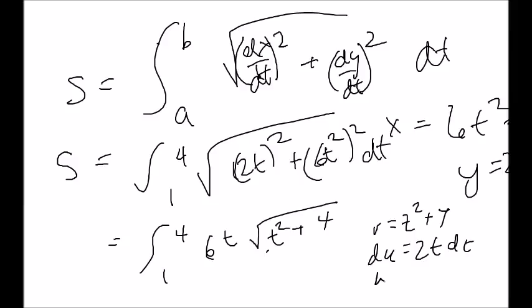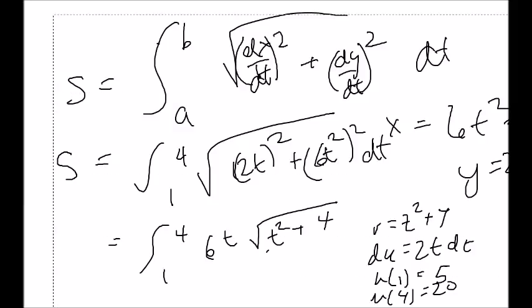You have to change the limits of integration, so u of 1 equals 5, u of 4 equals 20. And let's clear the screen real quick. We have more room. And once you do the u sub, you come out with 70 root 5. All right, pretty simple.